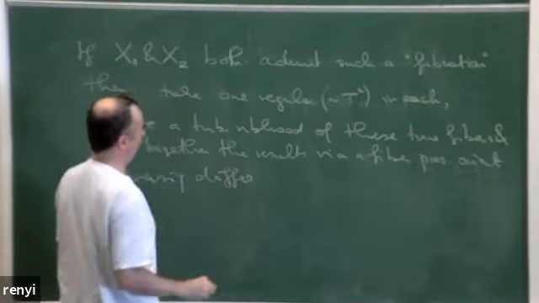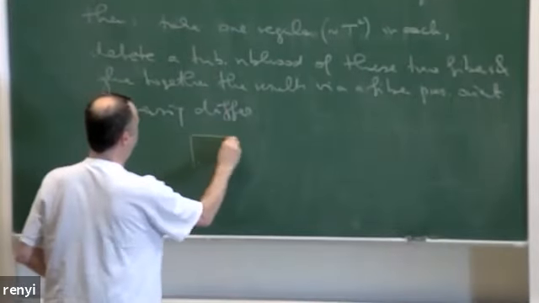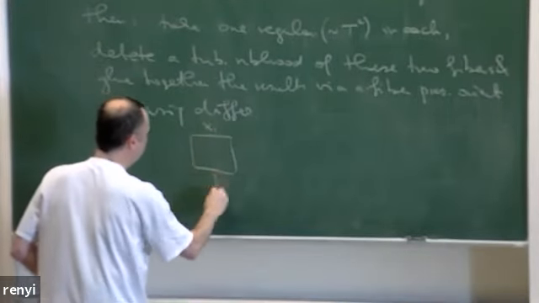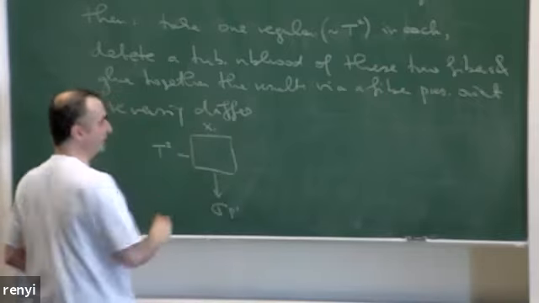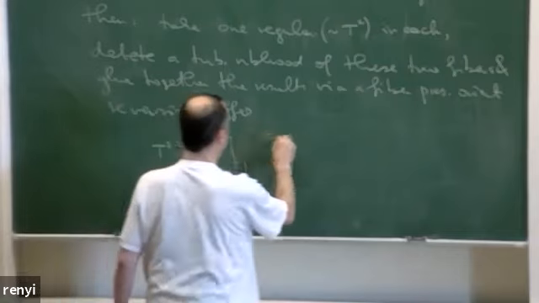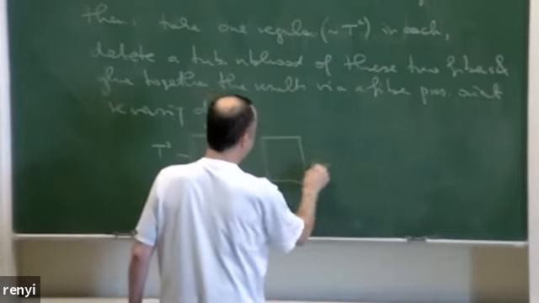So let me just draw. So we have X1. This comes with a fibration where the typical fiber is T2. And we have X2 with the same structure.